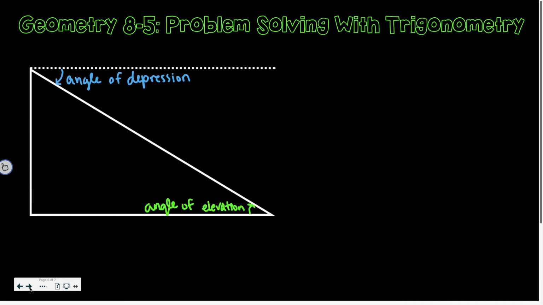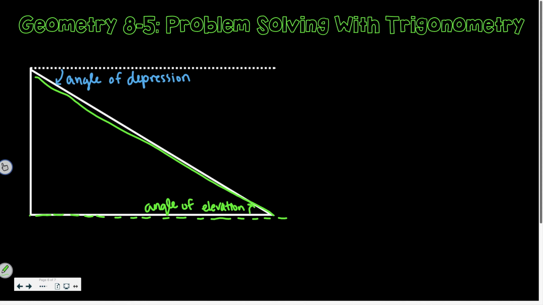And the last section in Geometry 8.5 was problem solving with trigonometry. So we have basically just two things that we learned in this lesson, and that was angle of depression and angle of elevation. So angle of elevation is when you have a horizontal line and your angle opens up.